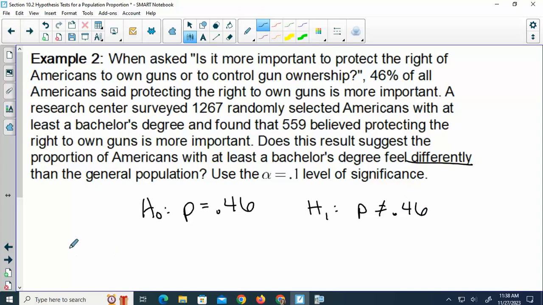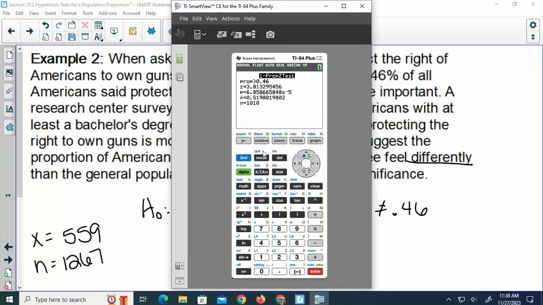If we're going to do it on the calculator, we need the x and the n. What's our x value? And the n? Okay. So stat, test, number 5.